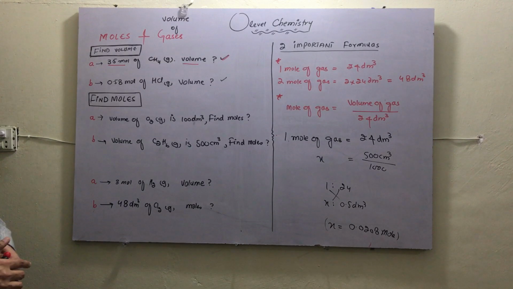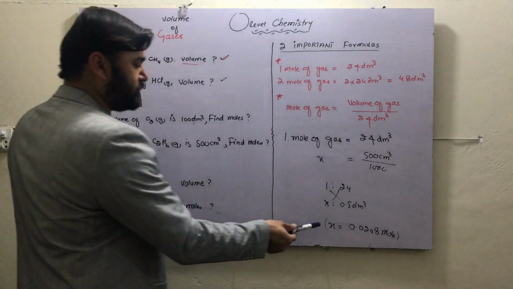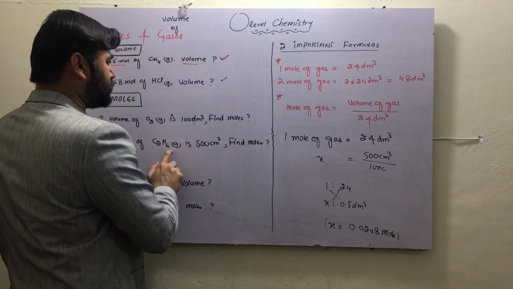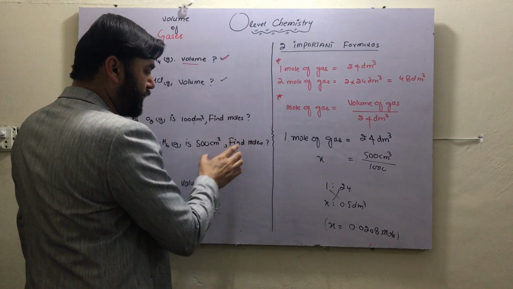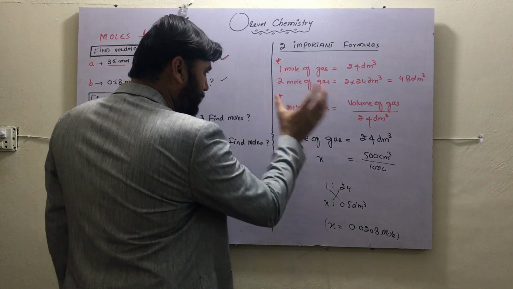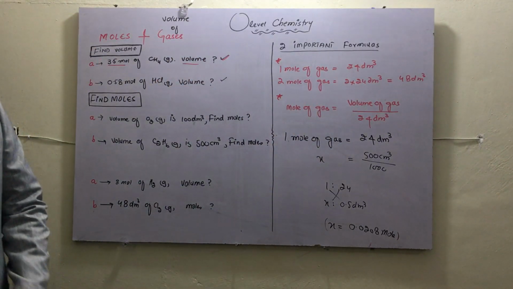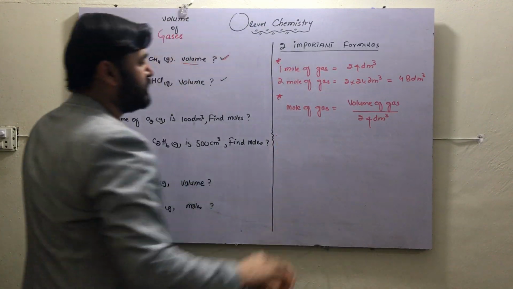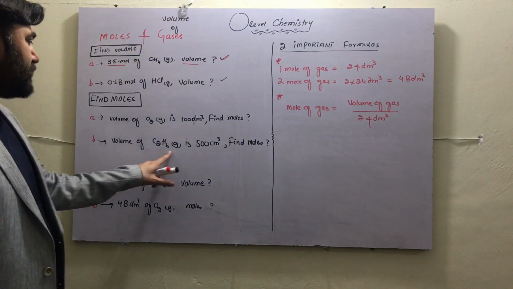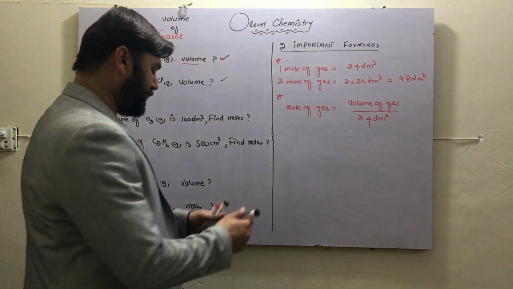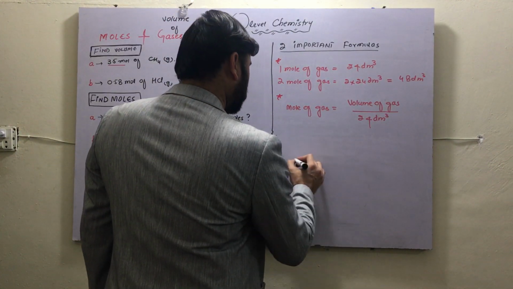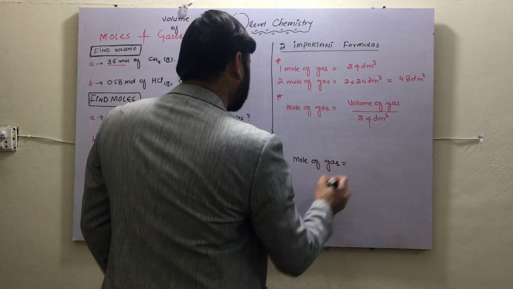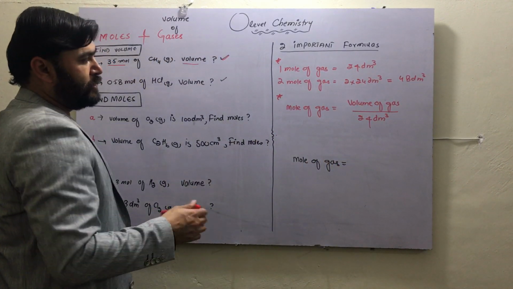So this is the easiest way, and now this question can also be solved from the same formula. Let me remove this. Now again see, volume of gas is given, that is 500 centimeter cube. So mole of gas, we are going to find out from the volume of gas.